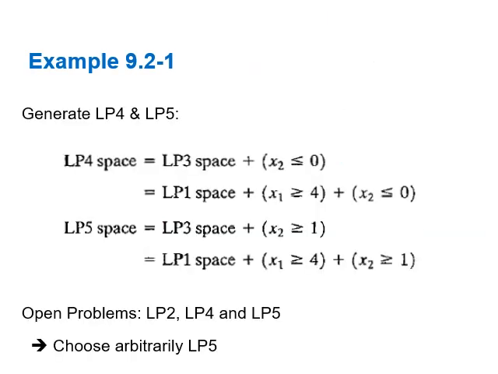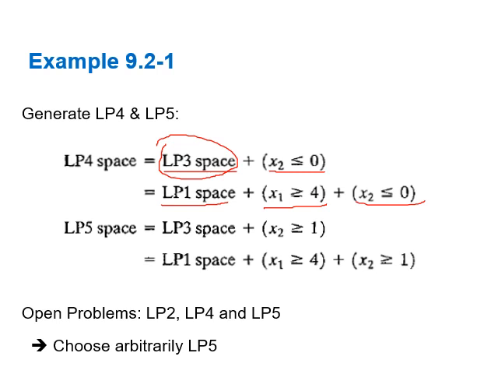And as I said, in LP4, on top of LP3, we include x2 less than or equal to 0. And remember, LP3 has LP1 including x1 greater than or equal to 4. So we need to include x2 less than or equal to 0 to this one as well. At each step on the branch and bound tree, you need to include the former constraints as well.